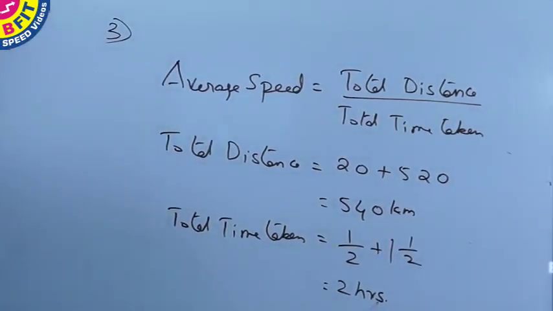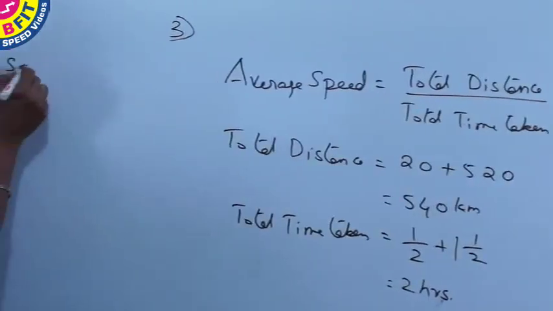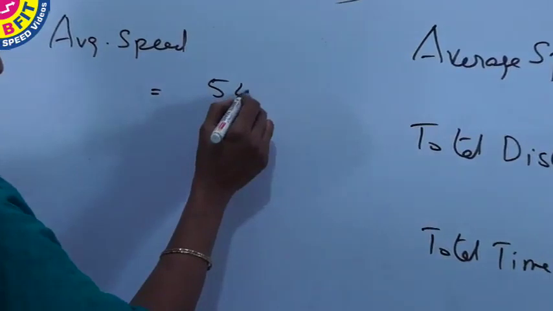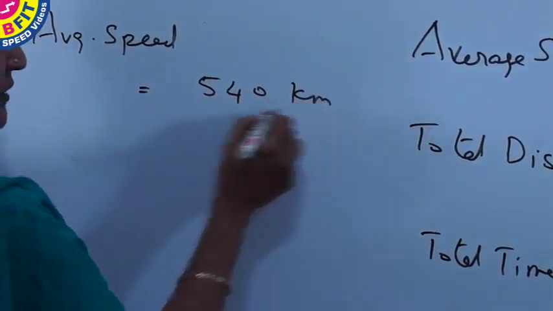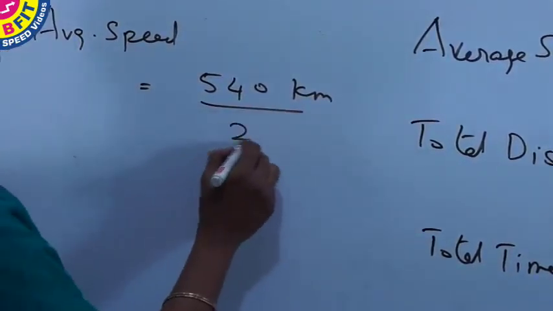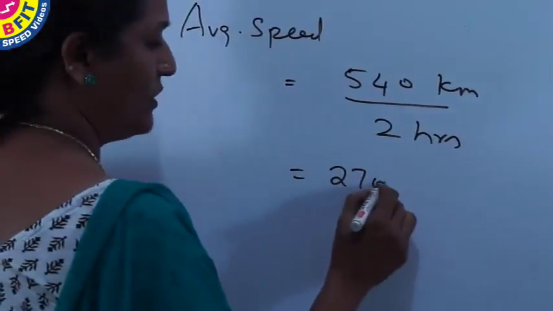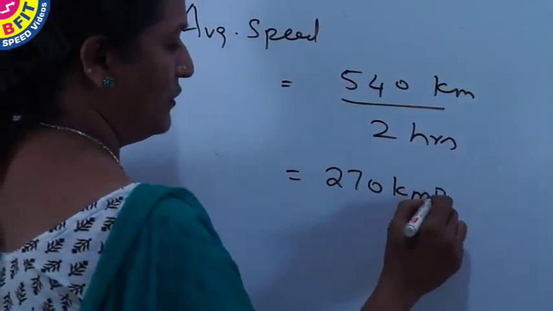Therefore the average speed is got by total distance, 540 kilometers, by total time taken, 2 hours, which is equal to 270 kilometers per hour.